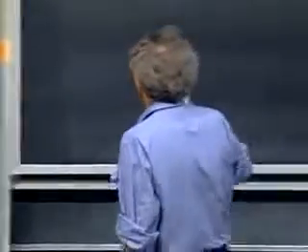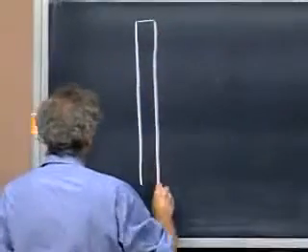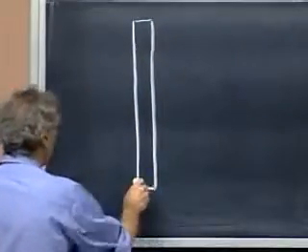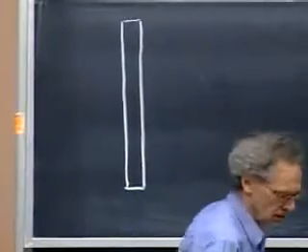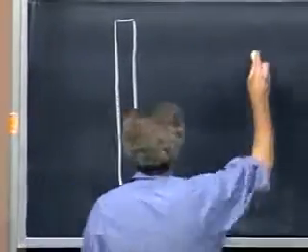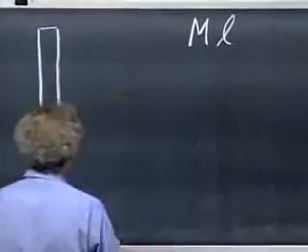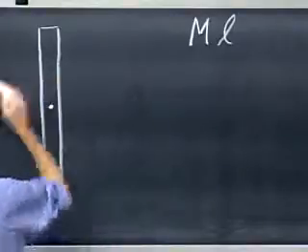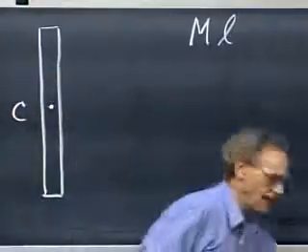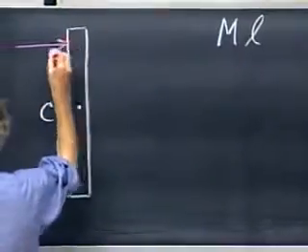On assignment number 7, I give you a problem, problem 7-9, in which I have a ruler or a rod on a frictionless horizontal table. And the ruler has a mass M and it has a length L. And here is the center of mass at C. And I hit that ruler, I give it an impulse, perpendicular to the direction of the ruler.